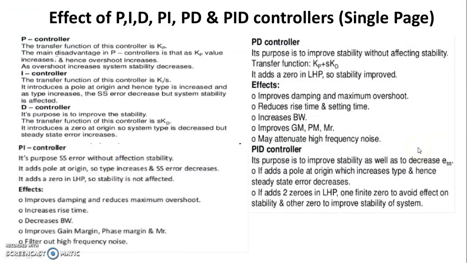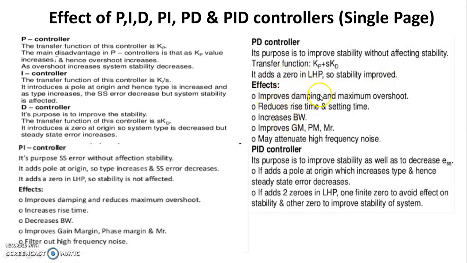Coming to the PD controller. Its purpose is to improve the stability without affecting the actual stability. The transfer function is a combination of proportional plus derivative. Basically it is the addition of one zero only, and that is also in the left half of the S plane. So stability always increases because a zero is added. So it improves the damping.